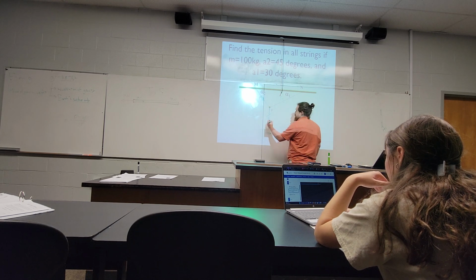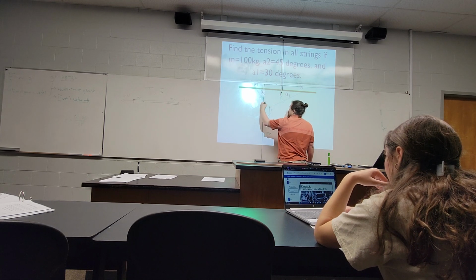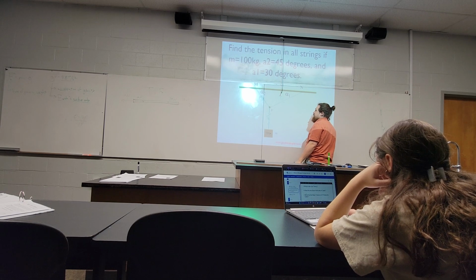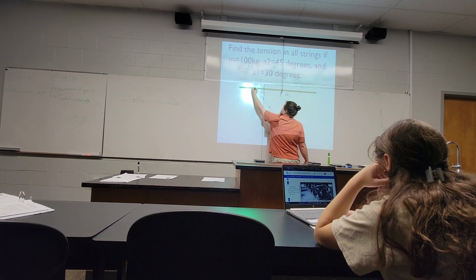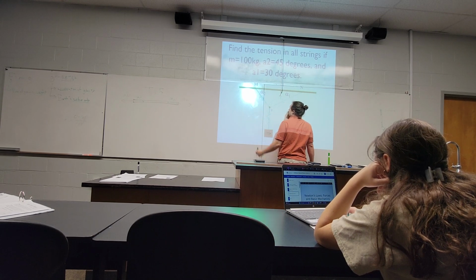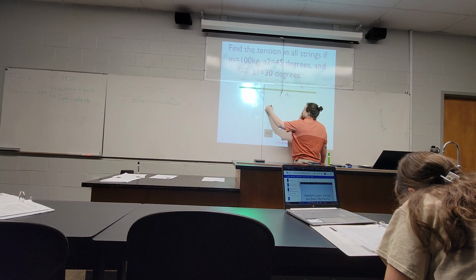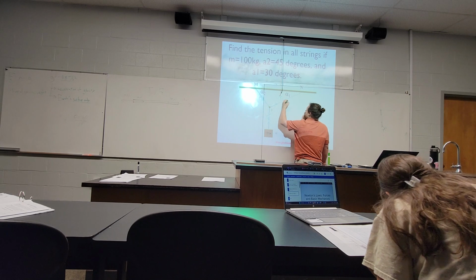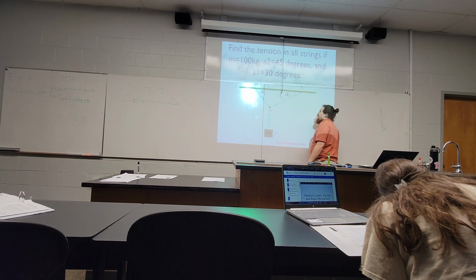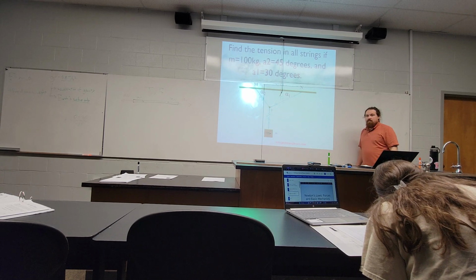So likewise, rope number 2 is going to pull up and to the left at that side, which will cause it to pull down and to the right where it connects to the ceiling. And rope 1 is going to pull up and to the right at this point, and therefore down and to the left where it connects to the ceiling.